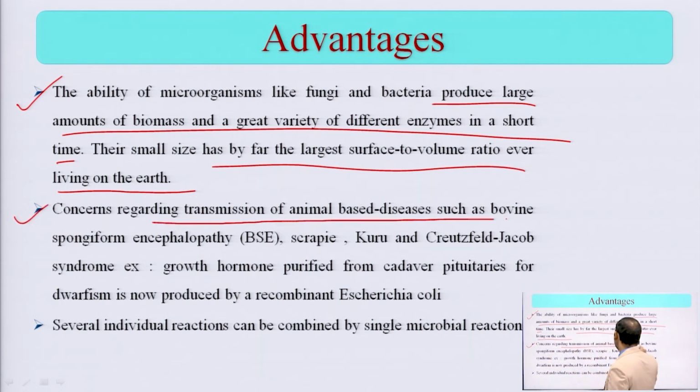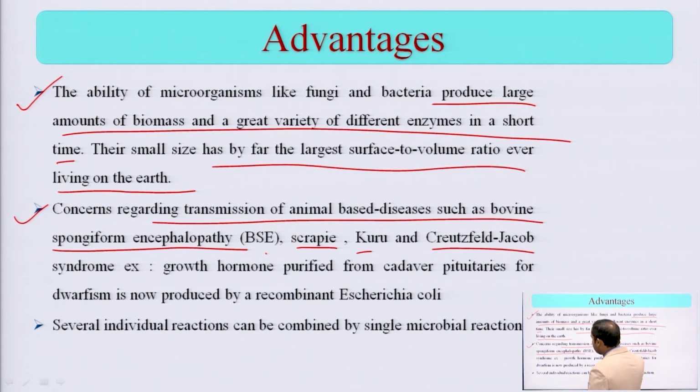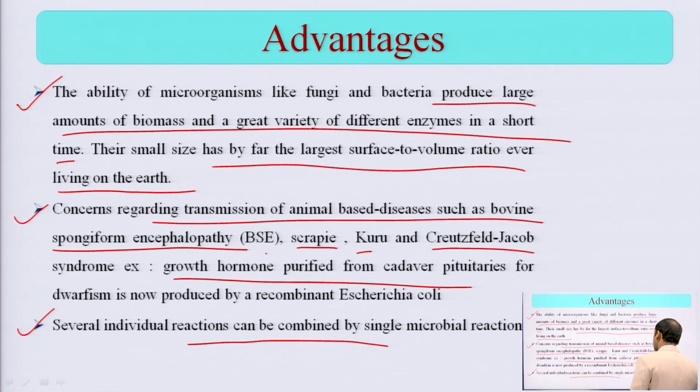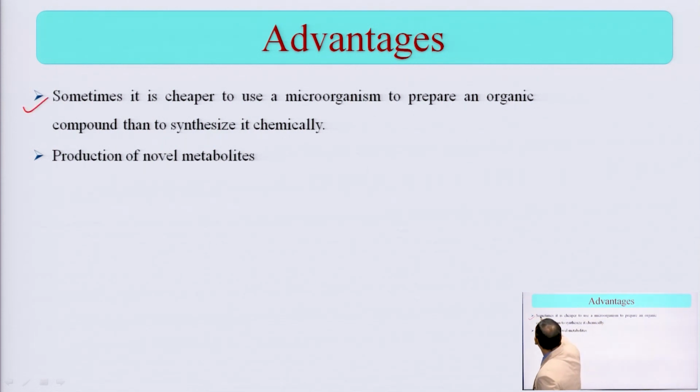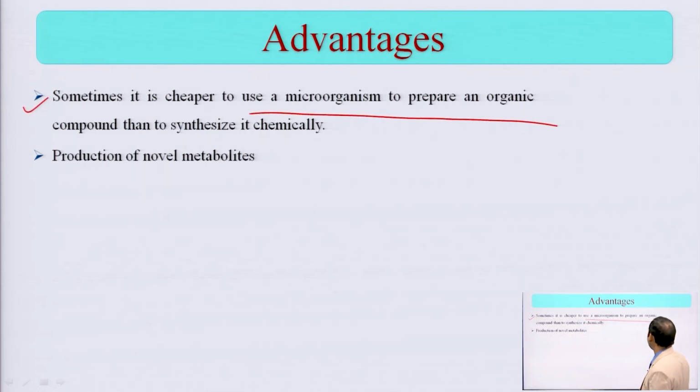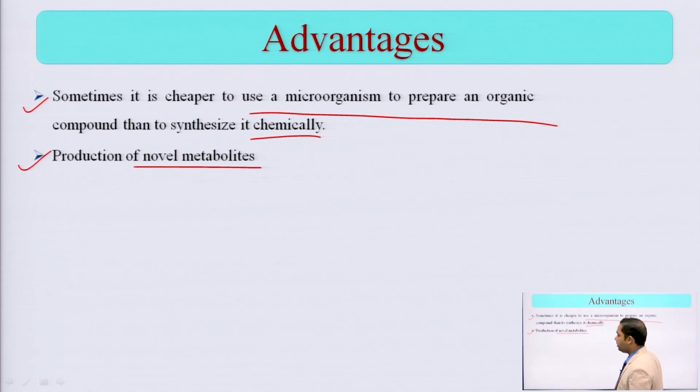There are concerns regarding transmission of animal-based diseases such as bovine spongiform encephalopathy, that is BSE, or scrapie, kuru, or other kinds of diseases, since we were using animal sources to get the growth hormone purified. Okay. Several individual reactions can be combined into a single microbial reaction. If I tell you more, sometimes it is cheaper to use microorganisms to prepare an organic compound than to synthesize it chemically, and also for the production of novel metabolites.